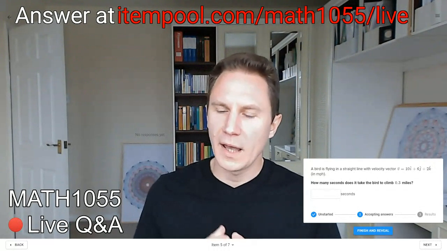Okay, so here it is. The story is that a bird is flying in a straight line with velocity vector v that is given as a linear combination of the standard basis vectors i, j, and k. So the velocity vector is 10i plus 6j plus 2k.